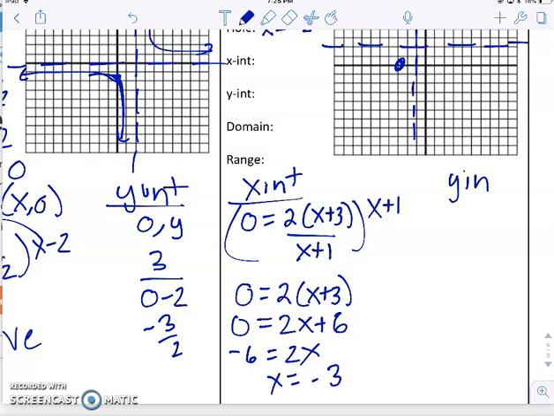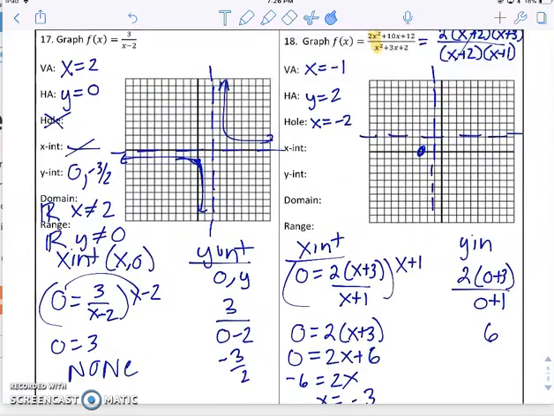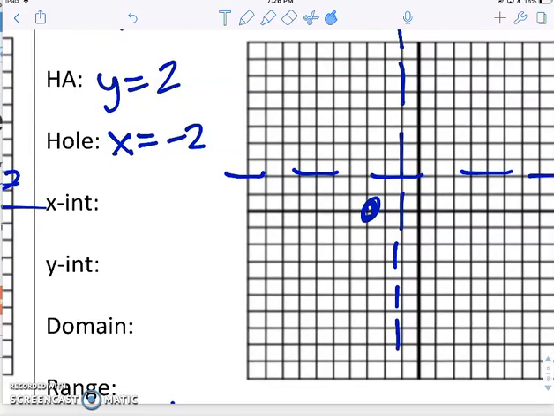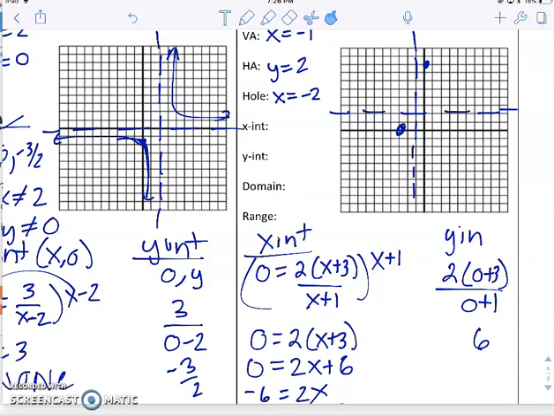So 1, 2, negative 3. Our y-intercept, so 2 times 0 plus 3 over 0 plus 1. So 2 times 3, 6 over 1 is 6. So 1, 2, 3, 4, 5, 6. Because this was when x was 0.